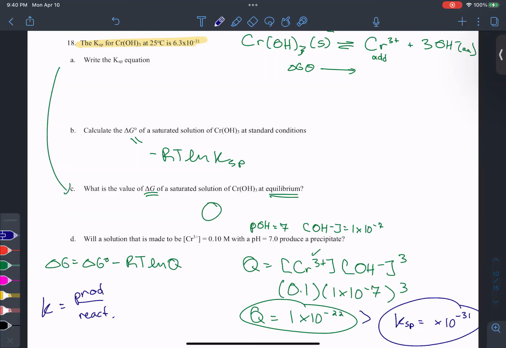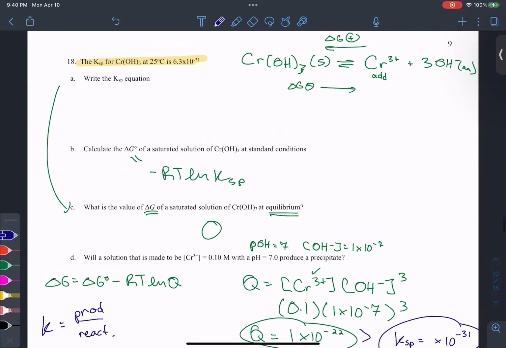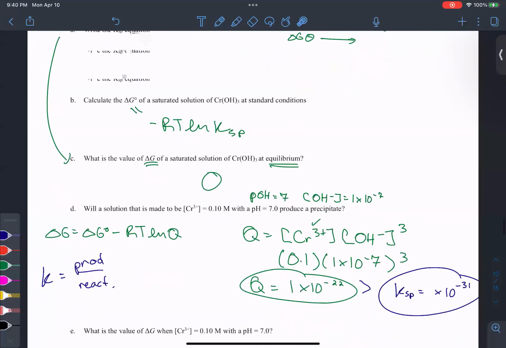So that means the reaction is going to shift to the reactant side. What is in the reactant side? The solid. So when you have too much concentration of this stuff, it's going to push to the solid side. So that's us doing Q versus KSP. That's chapter 17 stuff. But let's prove it numerically with a delta G calculation. So let me just give you what delta G actually is.